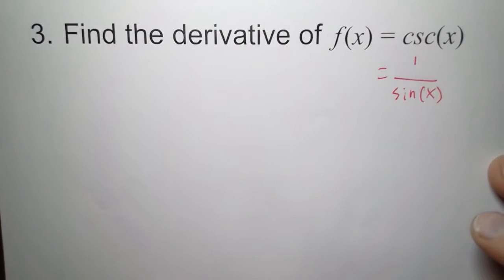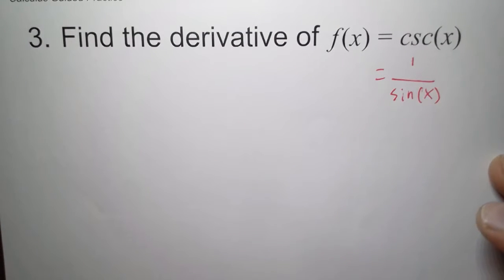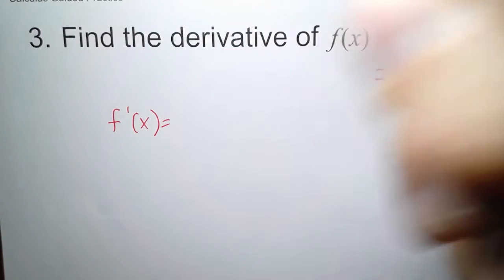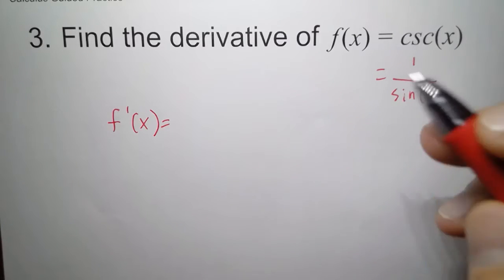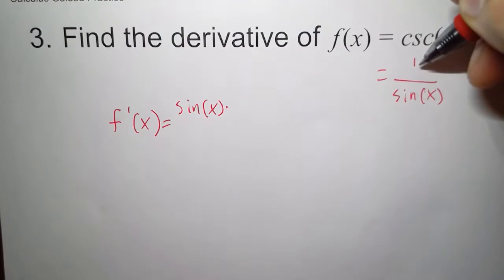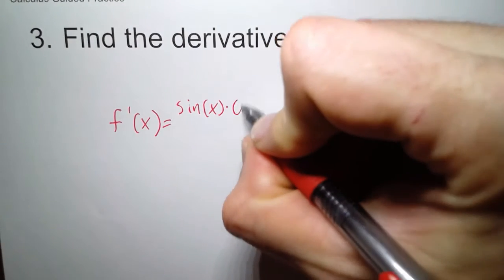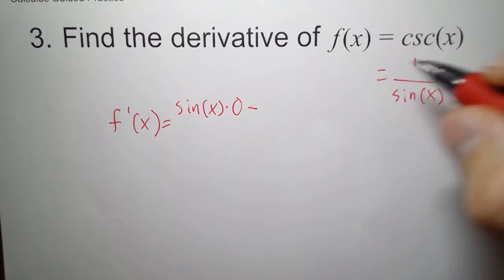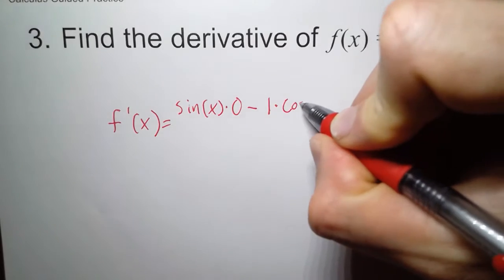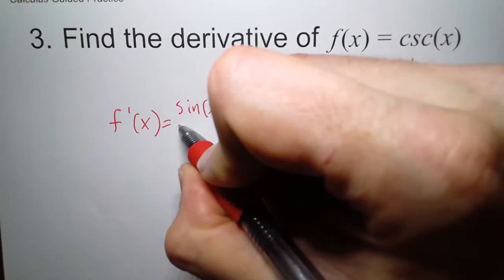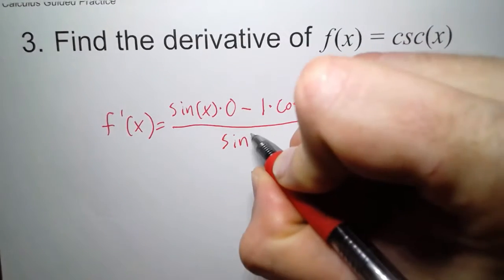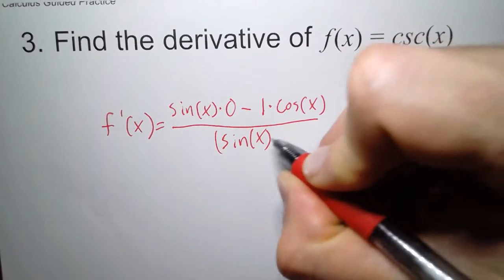So now to apply our derivative, f prime of x, and applying quotient rule, it's low d high, so sine of x times, now the derivative of the numerator is just going to be 0, minus high, that's 1, times the derivative of the denominator, which is cosine of x, all over sine of x, and that quantity is squared.